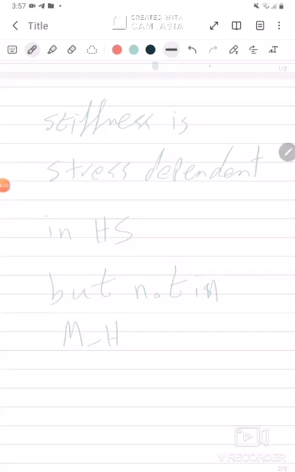This is very important, and one of the main differences between these two models. In reality, we know that stiffness is stress dependent. So the hardening soil model is nearer to reality and is preferred to the Mohr-Coulomb model.